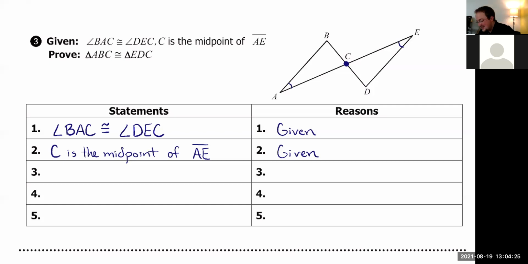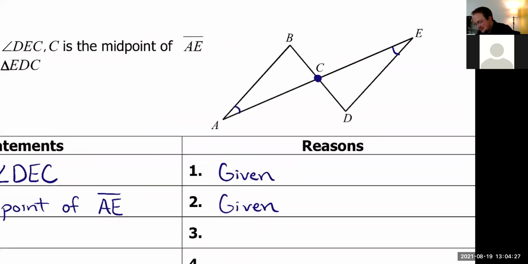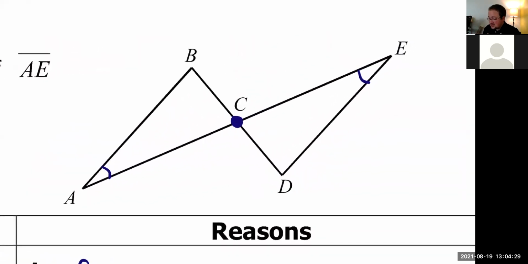That's okay. That's all right. I appreciate when people are honest. So it's telling me very specifically that C is the midpoint of AE. AE is running right through here. Can someone tell me what it means to be a midpoint? To be in the middle. And if you're in the middle, what can you tell me about either side?